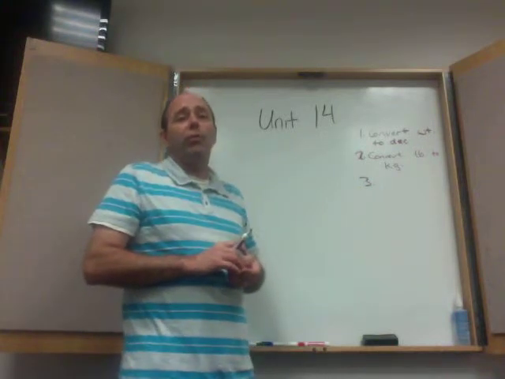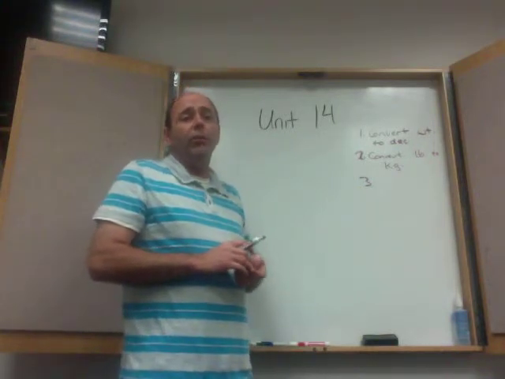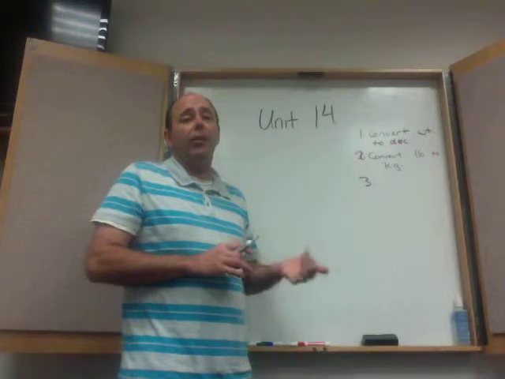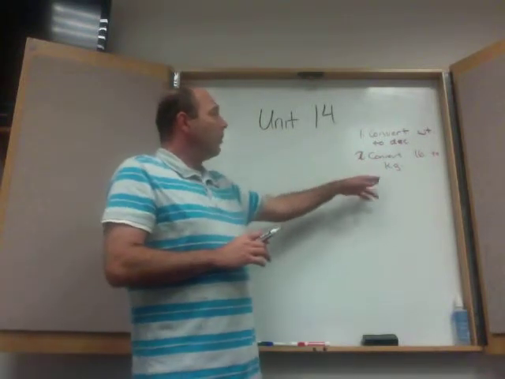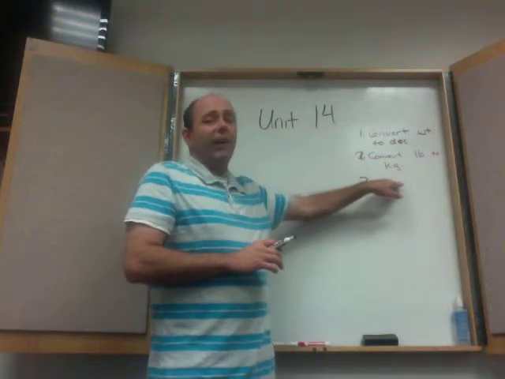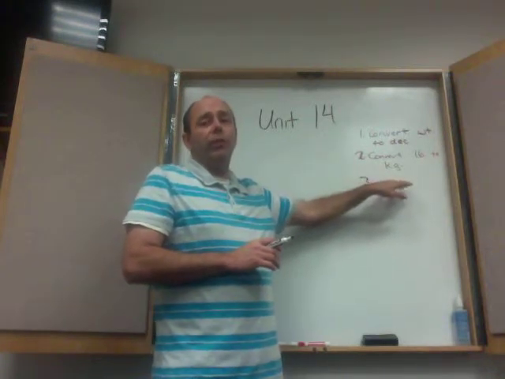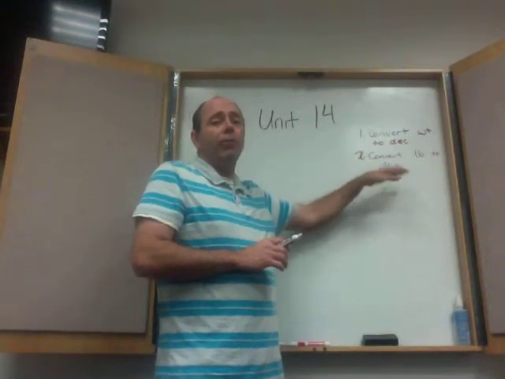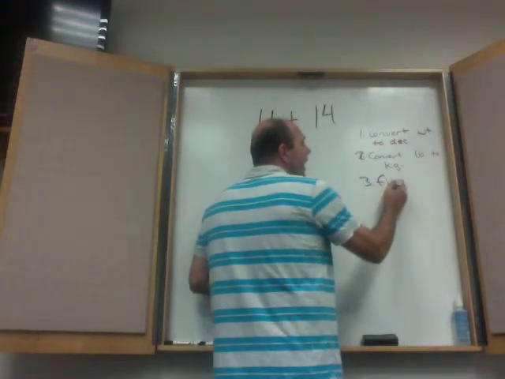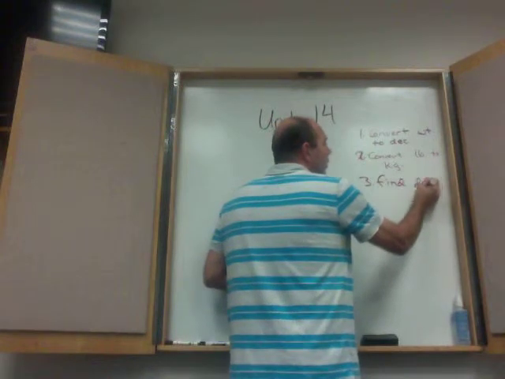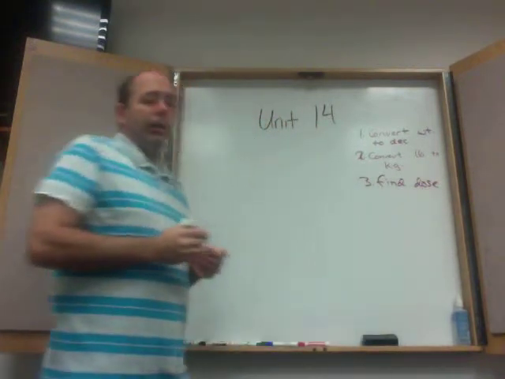Or maybe you're supposed to only take it once a day, so it's every 24 hours, and then your daily dose and your individual dose would be the same. But either way, you're going to find either an individual or a daily dose, and then use that to find the other one. So we'll just write find the dose, and then we'll be able to figure that out.